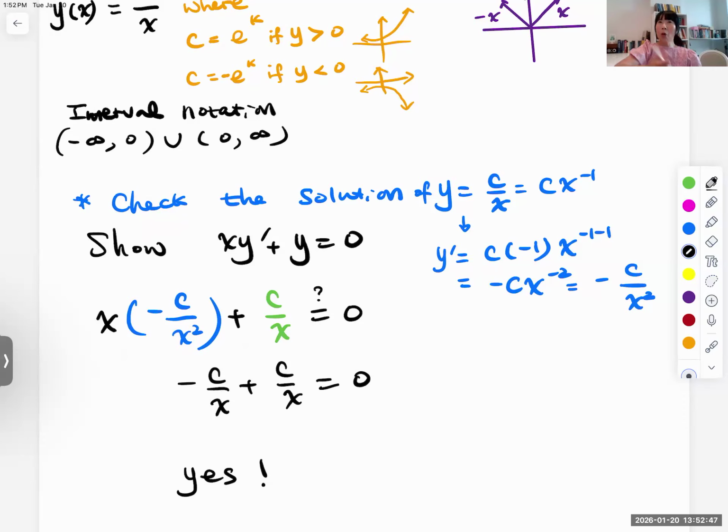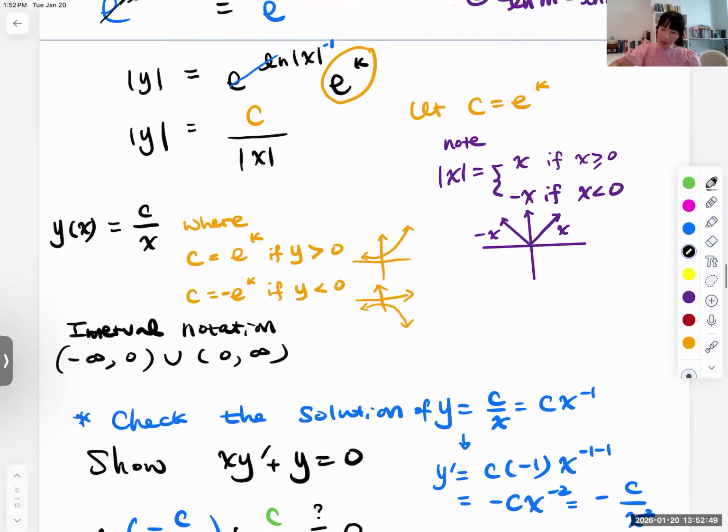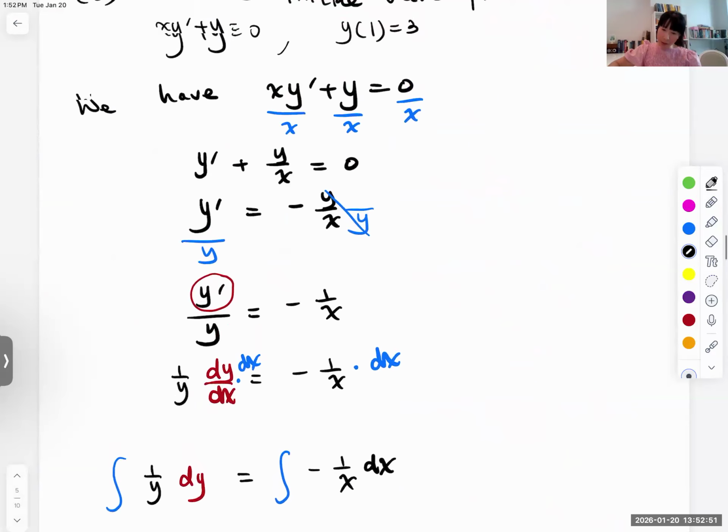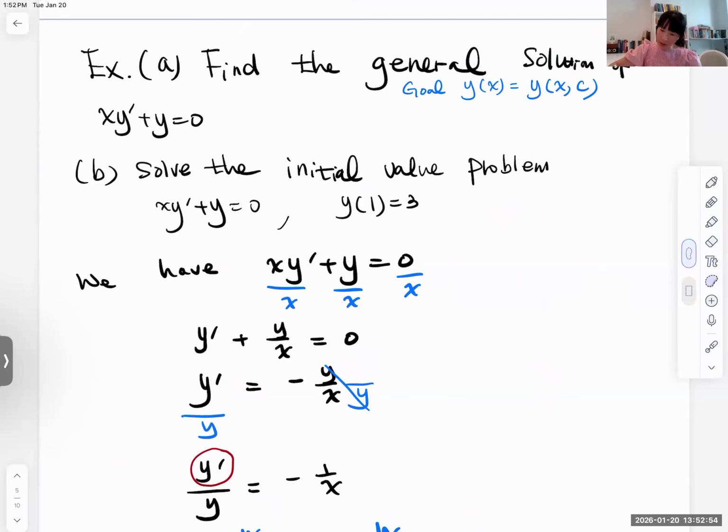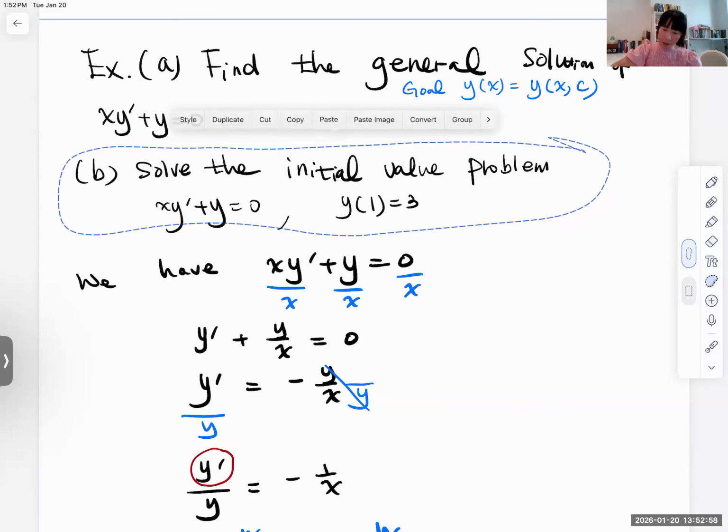Now, second part, by initial value, let's find the particular solution, right?